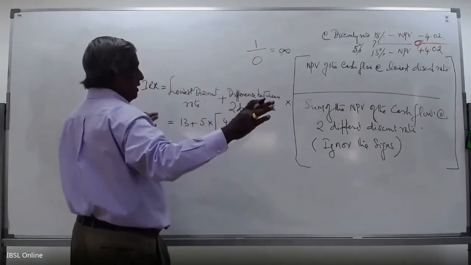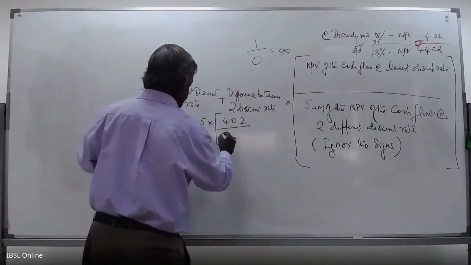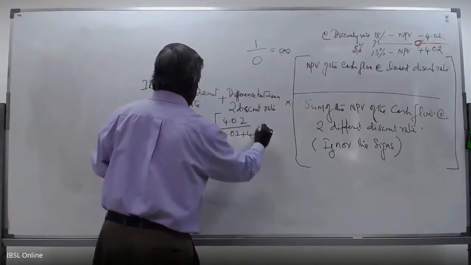Ignore the sign, negative or positive. You put 4.02 plus 4.02 in the bracket and close it.